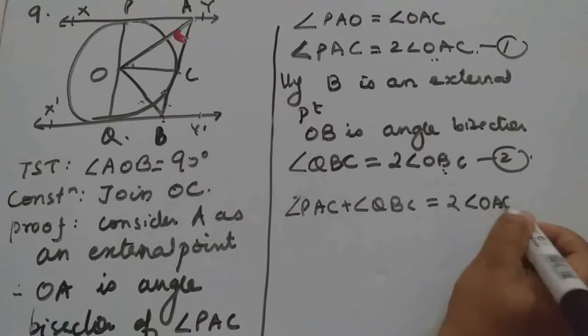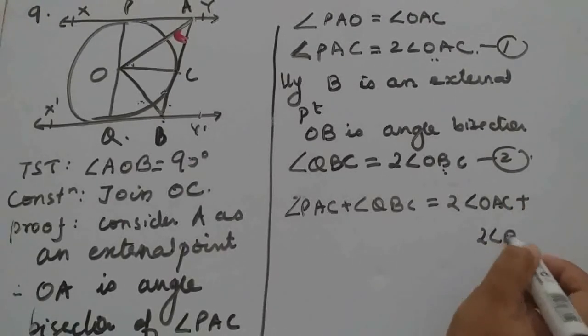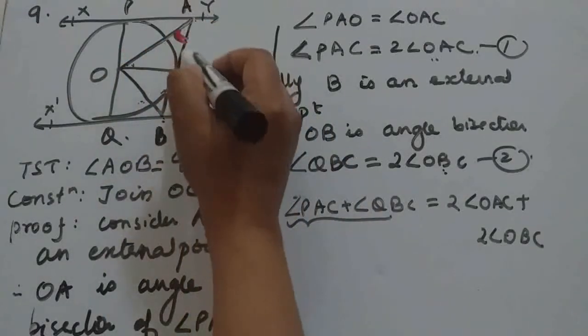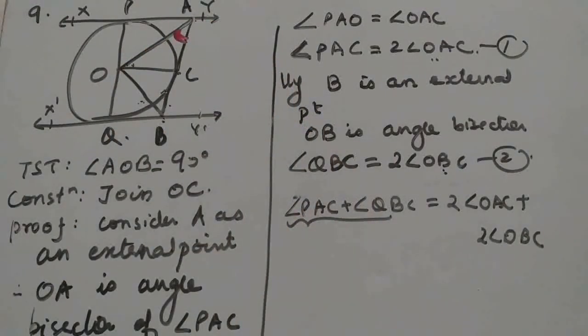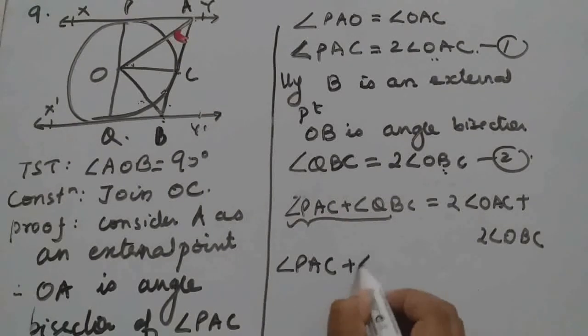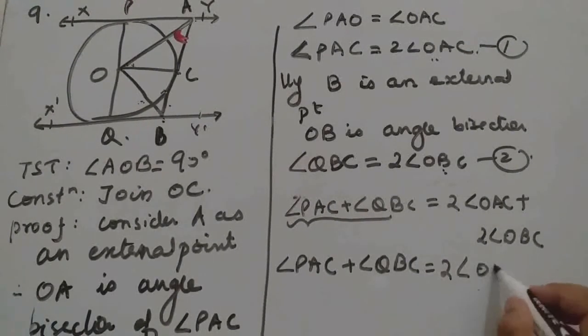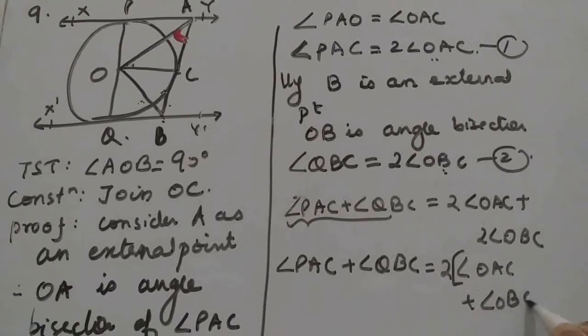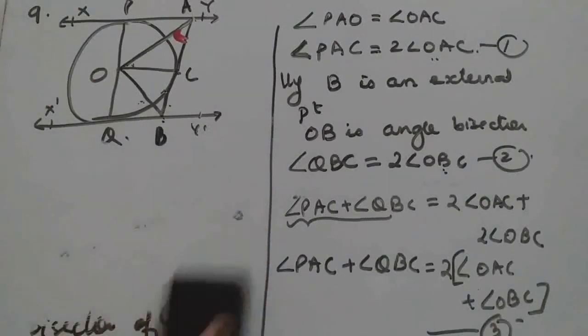PAC plus QBC we can write as twice of OAC plus OBC. Suppose this is equation 3.